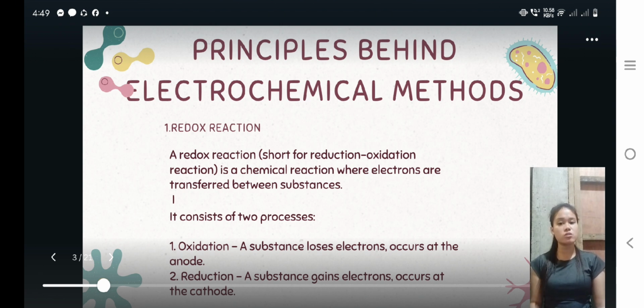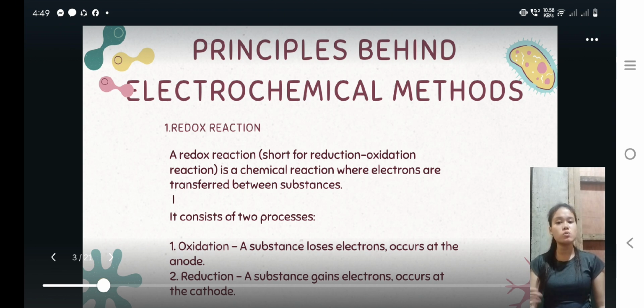It consists of two processes, oxidation and reduction. Oxidation is when a substance loses electrons, and reduction is when a substance gains electrons. So in a redox reaction, one substance loses electrons, which is oxidation, and another gains electrons, which is reduction.